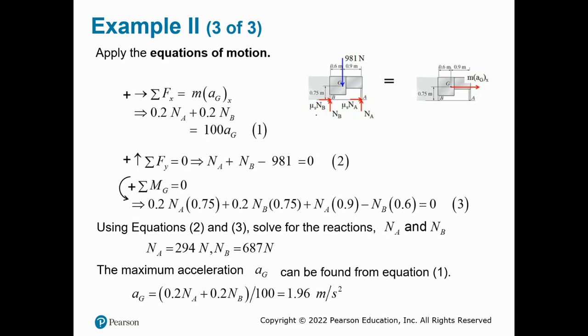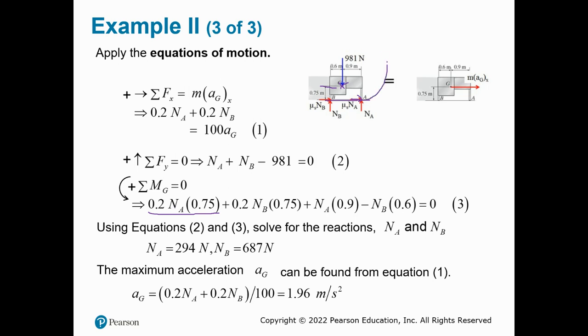For example, I will show you one as an example. This one right here is the friction, 0.2 times NA, which is this force right here. The moment arm will be the perpendicular distance from point G to location A, which is this distance right here. That is 0.75. So 0.2 NA times 0.75.